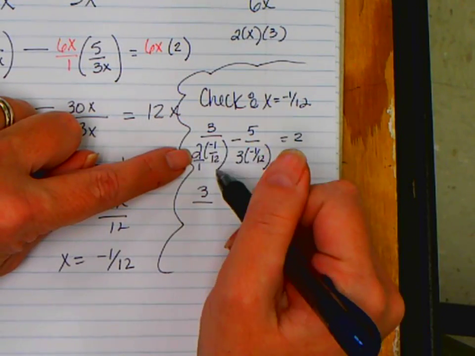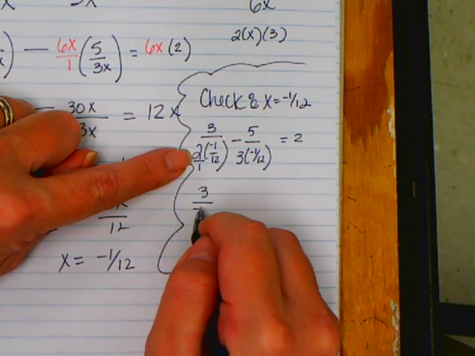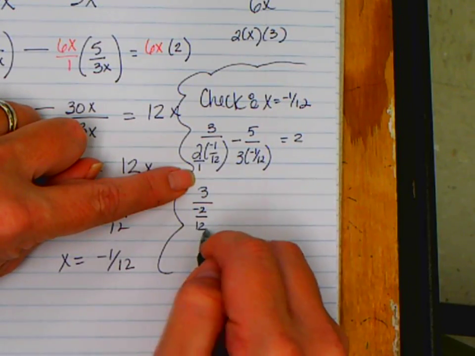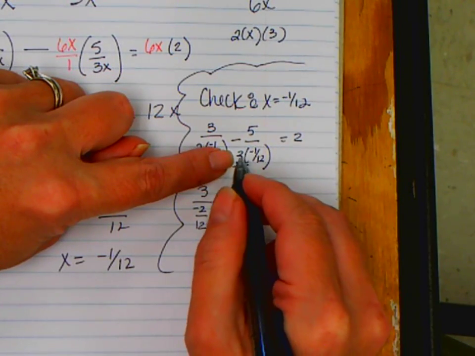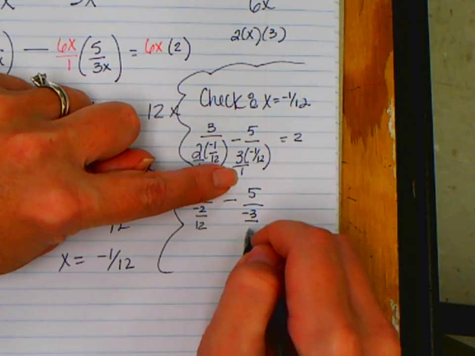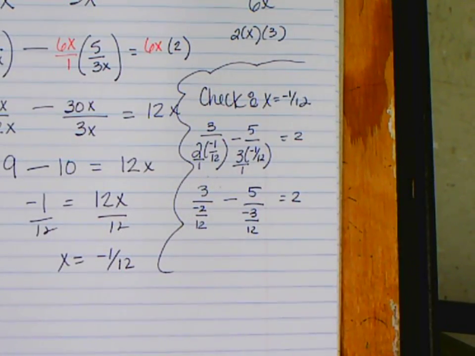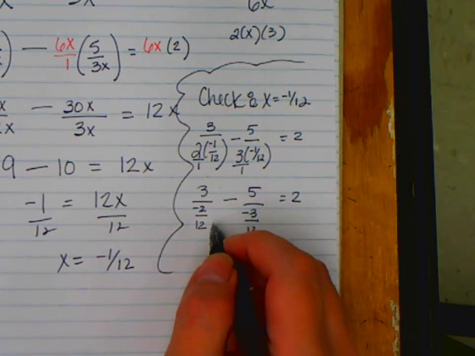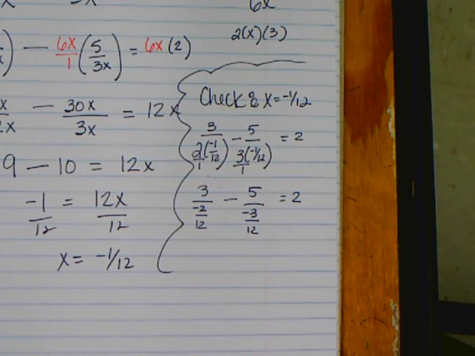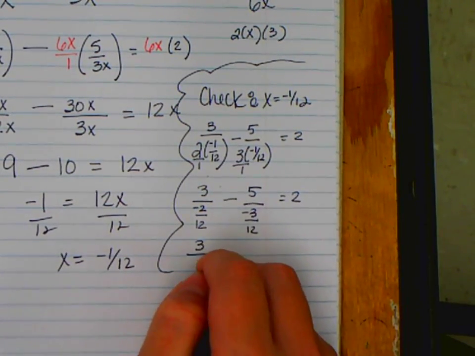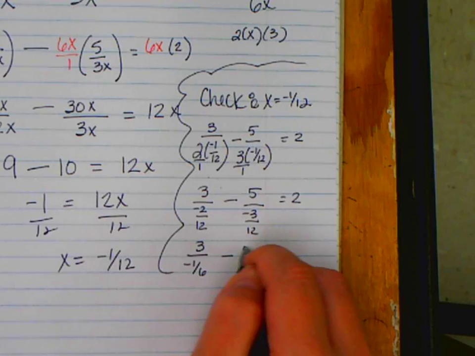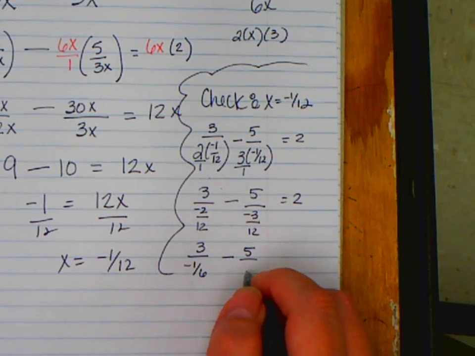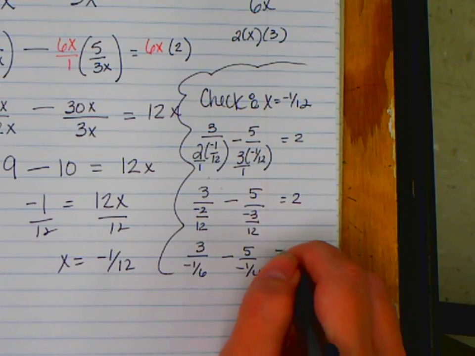Okay, so multiplying fractions, 2 times 1 is 2, 1 times 12 is 12, right? Minus 5 over, that would be 3 times 1 is 3, 1 times 12 is 12. Okay, 2/12. Let's see if we can do some decimal here. That's also repeating, so I don't want to do that. So we have 3 divided by -1/6 minus 5 divided by -1/4 equals 2.